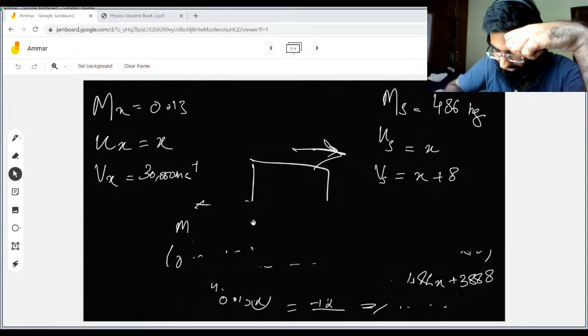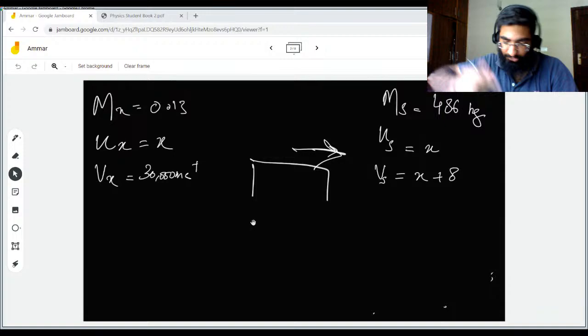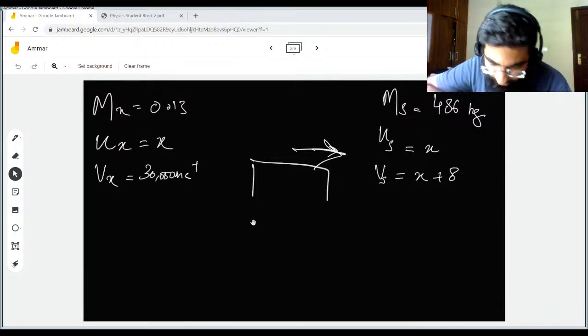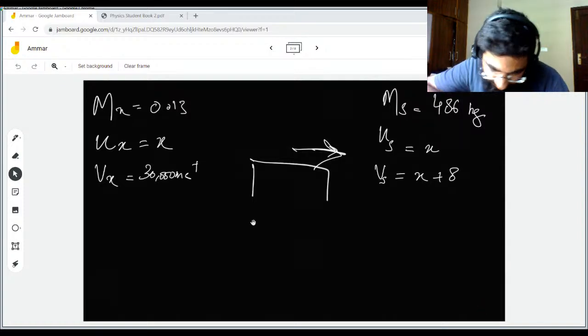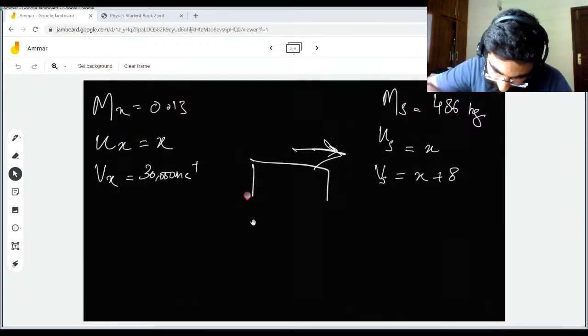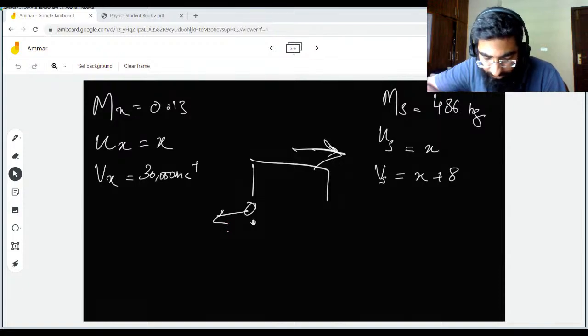But here, the change in momentum for one would be equal to change in momentum for the other. When the spacecraft is releasing this xenon, what was the initial momentum of xenon before being released? Same as the spacecraft.